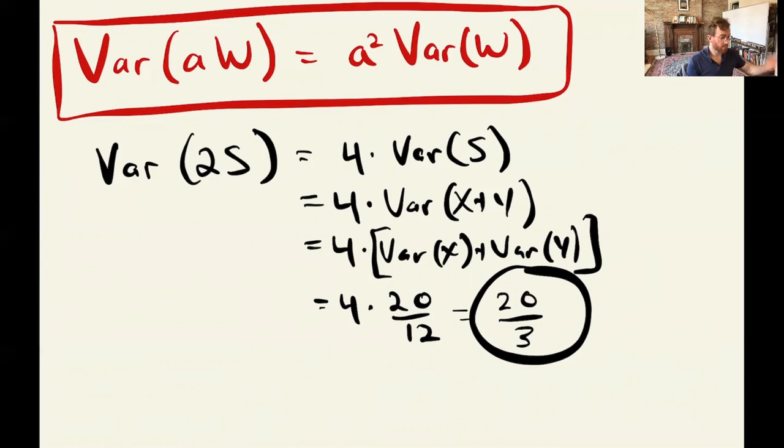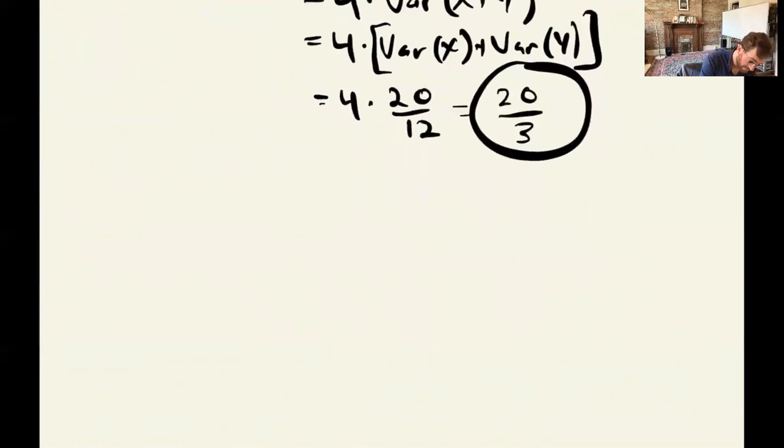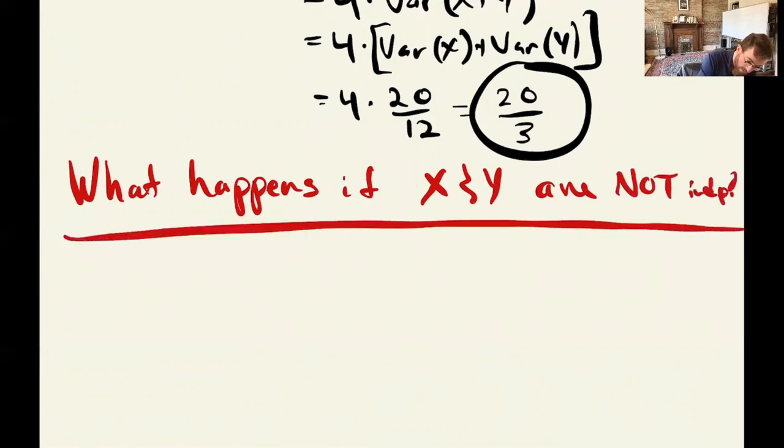Now let me make some quick comments on what happens when X and Y are not independent. Let me give you an example where this occurs.